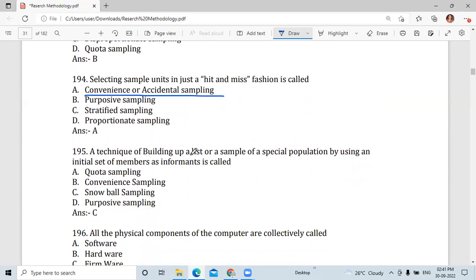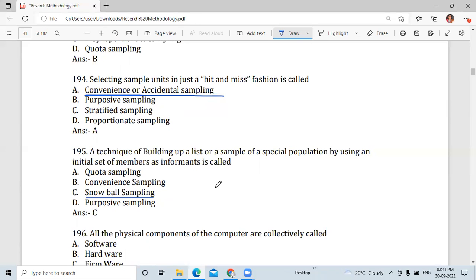A technique of building up a list or sample of a special population by using an initial set of members as informants is called snowball sampling. So what is snowball sampling? A technique of building up a list or sample of a special population. For example, if they are talented, special cases.